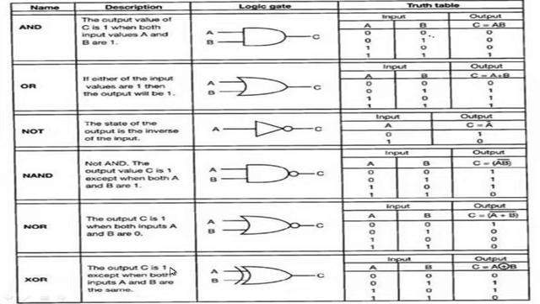Means, in other words, this XOR gives high output when either A is true or B is true, but not both. Means both should not be true, then this XOR gate gives the high output.